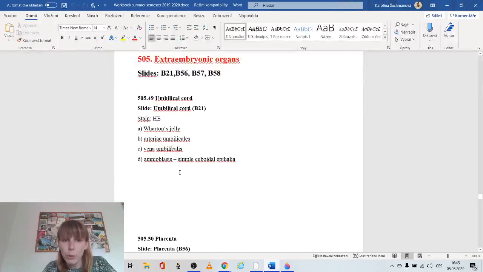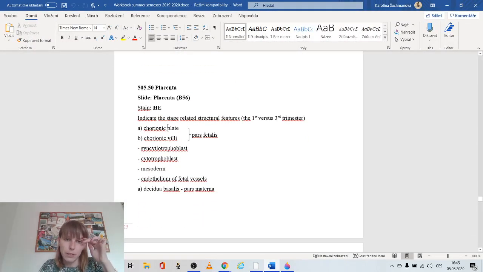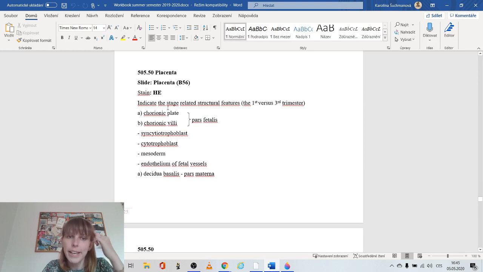So in the workbook for placenta, we have hematoxylin eosin staining, okay. And we should be able to indicate the stage-related structural features. So you should know basically the difference between first and third trimester.